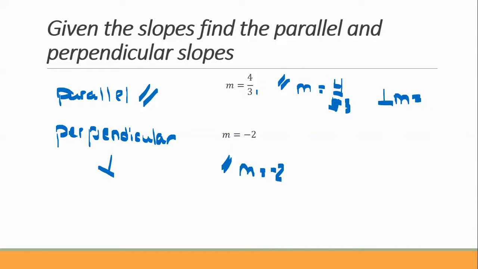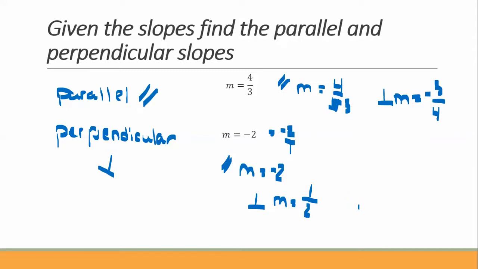So if it's positive, we change it to negative, and then for the reciprocal, we flip the fraction. The perpendicular slope of 4/3 is -3/4. The perpendicular slope of -2 is positive, because it's opposite, 1/2, because remember, -2 is equal to -2 over 1. The reciprocal of -2 over 1 is 1/2.